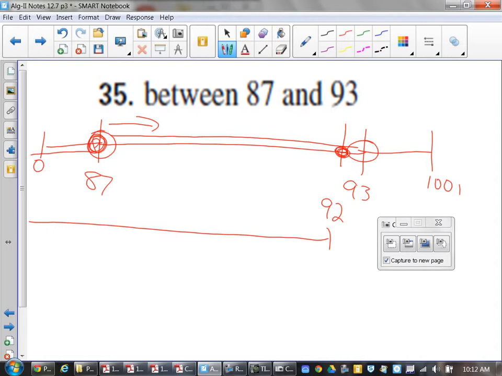If it said including 93 and 87, I would set it at 93 because it would count everything up including 93. Then if I wanted to include 87, I'd have to back out at 86. It's the only little weirdness of this.